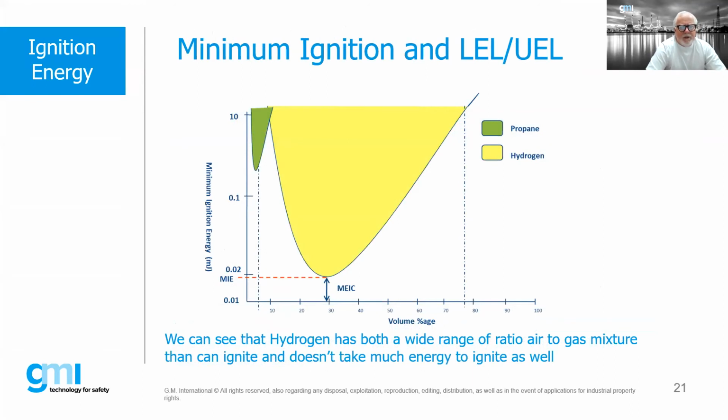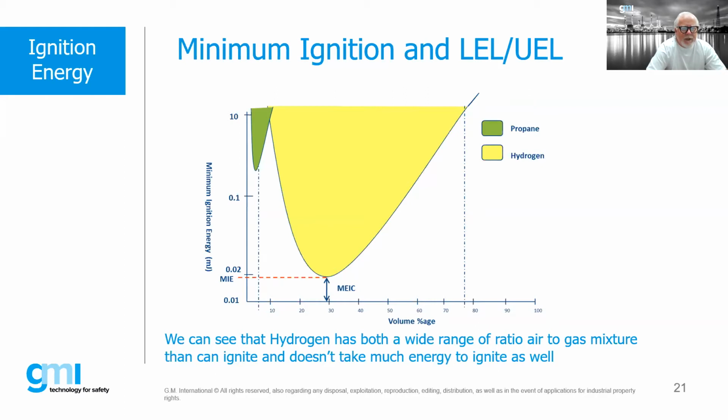Now, this is an interesting chart. What this is basically showing us here is what is called the minimum ignition energy. So the charts that you just saw previously for hydrogen, for example, show that the minimum amount of energy was about 19 microjoules, right, which is just below 0.02.